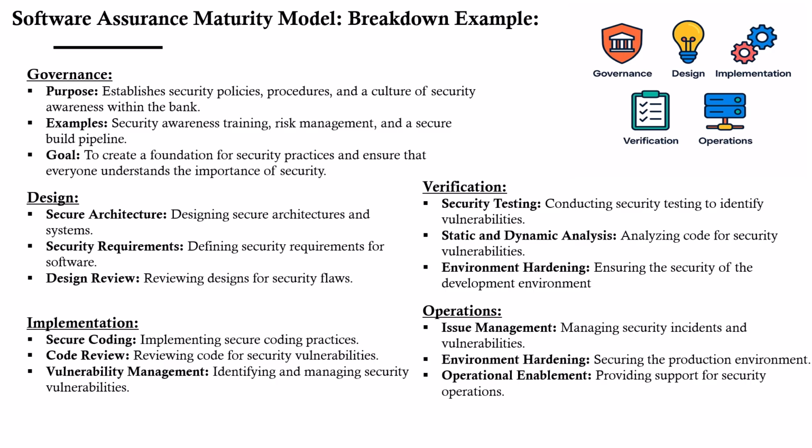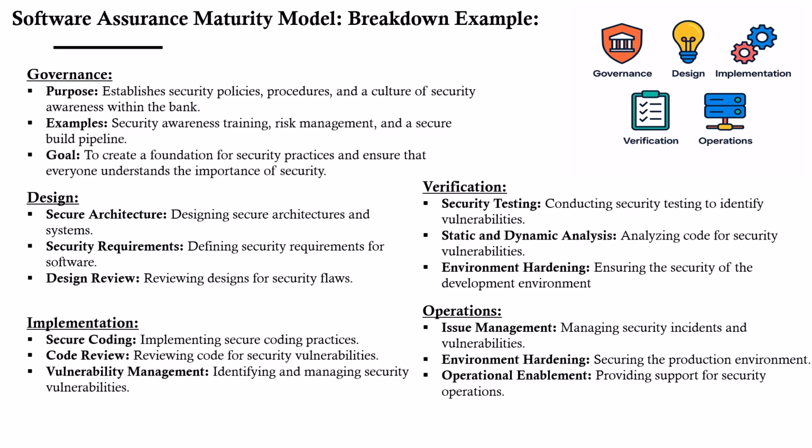So governance, the purpose is to establish security policies, procedures, and a culture of security awareness within the bank. We're going to use examples: security awareness training, risk management, and a secure build pipeline. Our goal is to create a foundation for security practices and to ensure that everyone understands the importance of security.